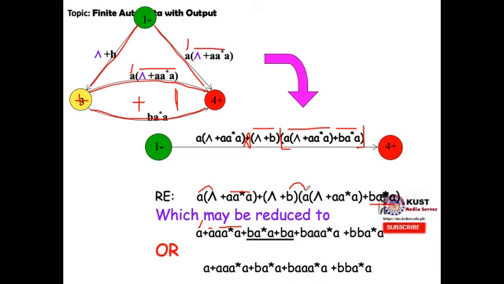In case we take this path, this is BA, and in case we take this path, BAA. So it will become like this.